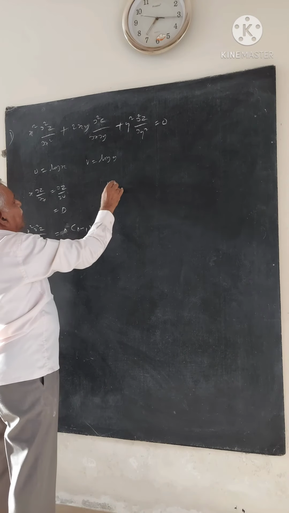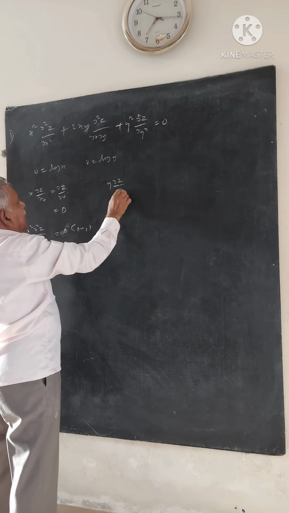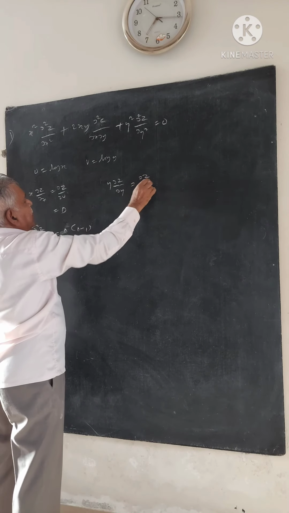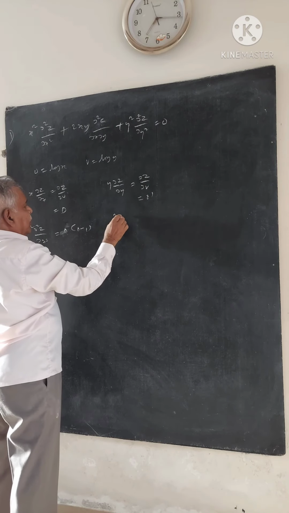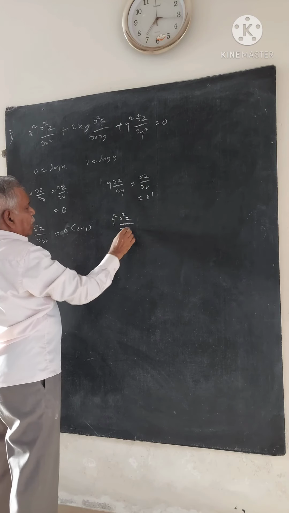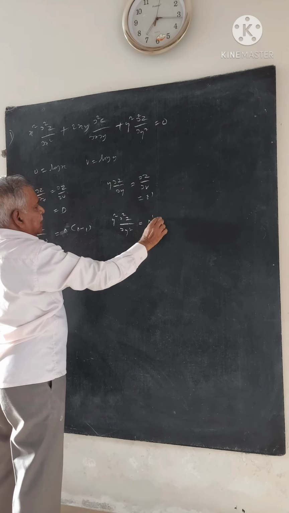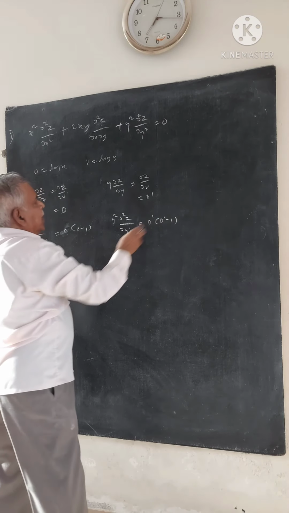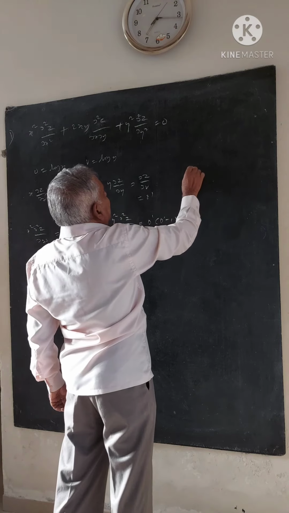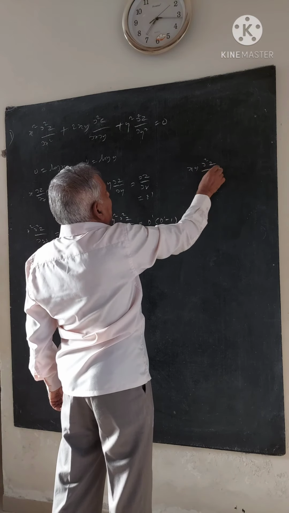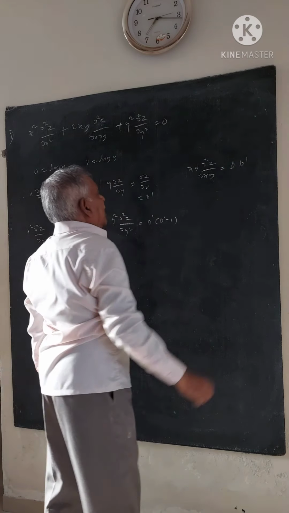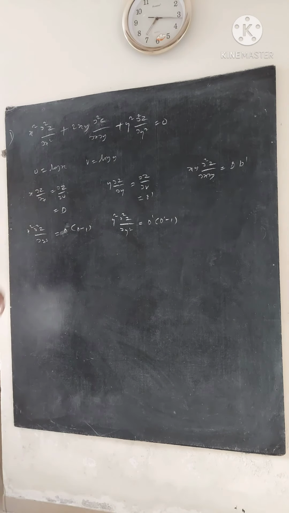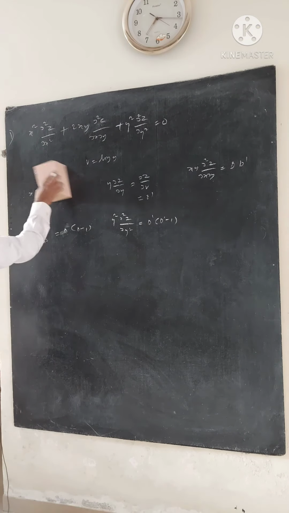Similarly, y ∂z/∂y = ∂z/∂v, which is D', and y² ∂²z/∂y² = D'(D' − 1). Again, xy ∂²z/∂x∂y = D D'. These are applied in the sum. We have already done this proof.